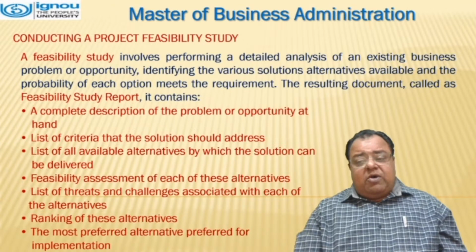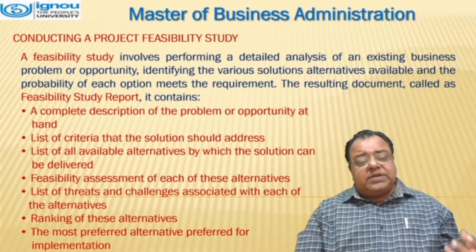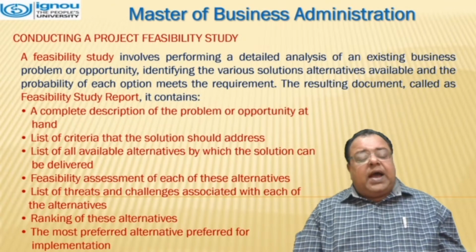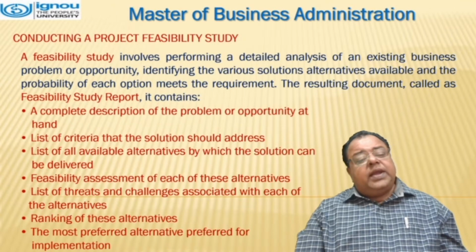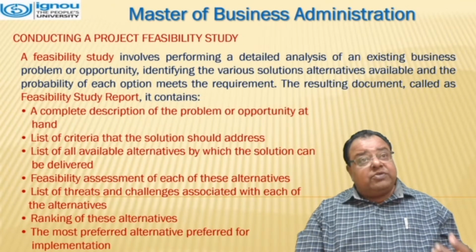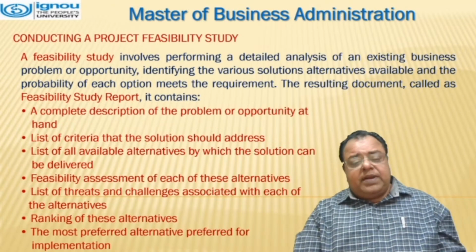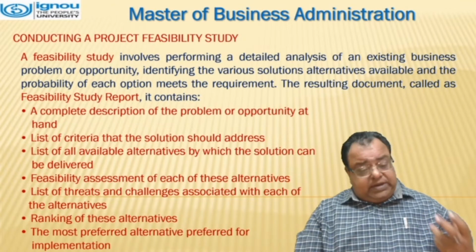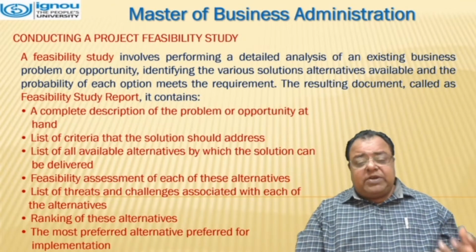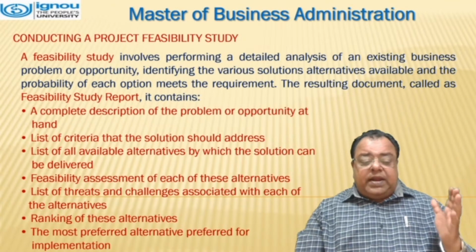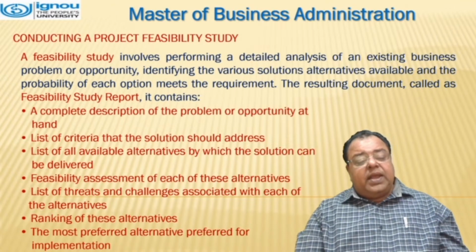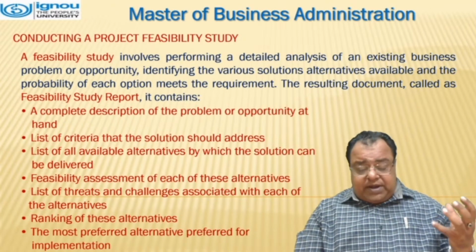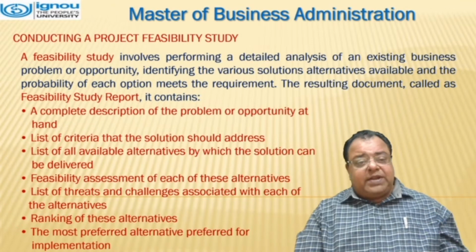The resulting document is called the feasibility study report, and it contains a complete description of the problem or opportunity at hand, a list of criteria that the solution should address, a list of all available alternatives by which the solution can be delivered, a feasibility assessment of each of these alternatives, a list of threats and challenges associated with each of the alternatives, and a ranking of these alternatives, with the most preferred alternative recommended for implementation.